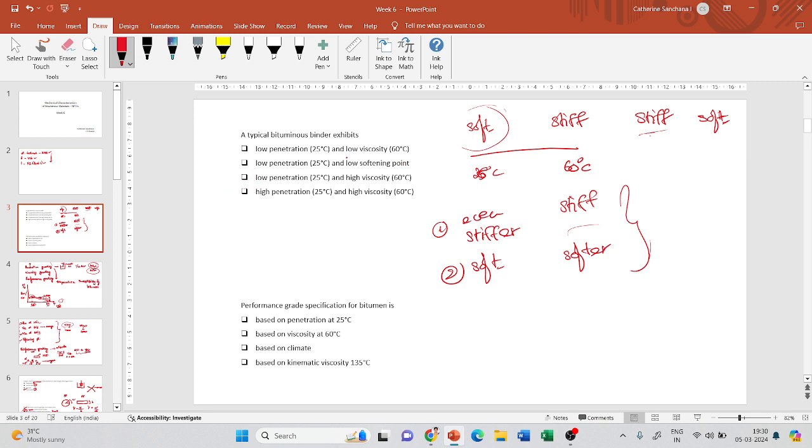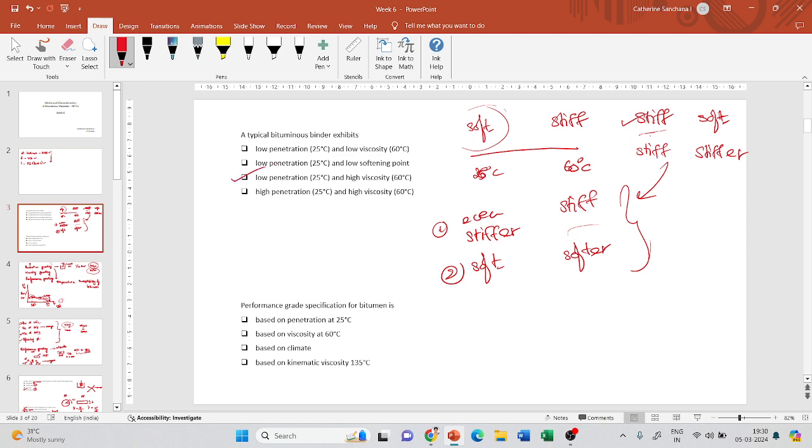So low penetration and low softening point. Low softening point also indicates that your bitumen is soft, because even at low temperatures it has started to melt. So this also exhibits this case. So low penetration and high viscosity is stiff and stiffer. So this is what your bitumen will exhibit.